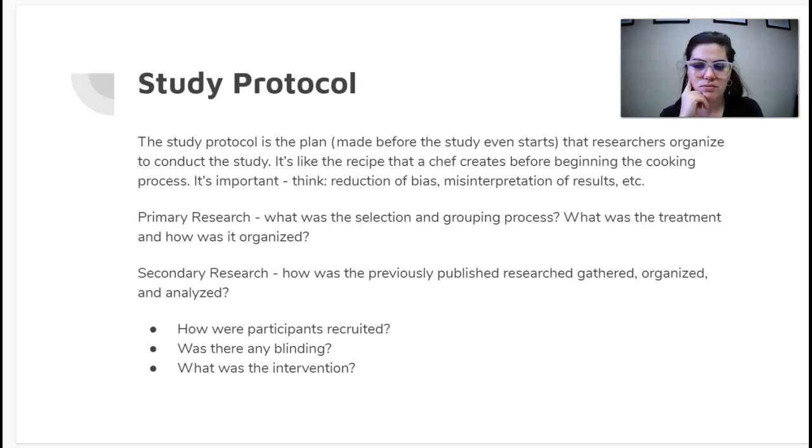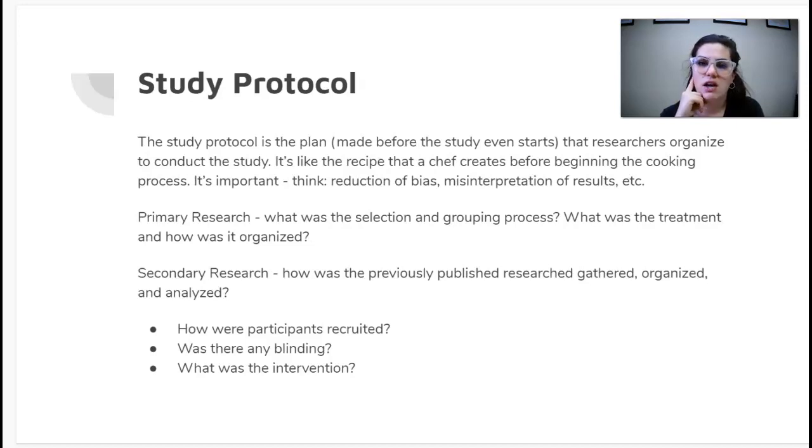So it's really important. In primary research, this is going to answer questions like, what was that selection and grouping process of the participants? What was the treatment and how was it organized?